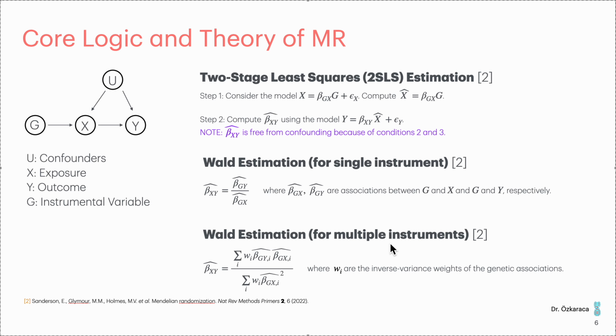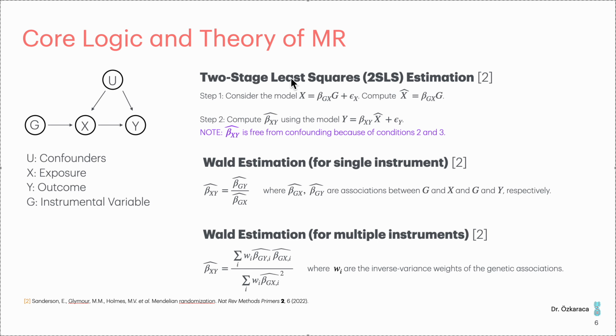But both methods are powerful tools, depending on whether a single SNP is good enough to explain the effect of the instrumental variable on the exposure, or if the trait is super polygenic and you need multiple instruments to add up the effect of the instrumental variable on the exposure.